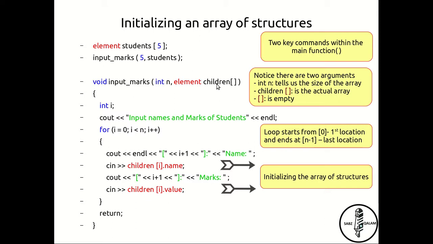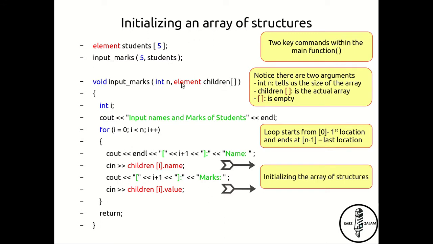Here I'm using a different word, children. I'm using a different word deliberately, because I felt students sometimes get confused when the same variable name is overly used. So here students is being reflected as children.